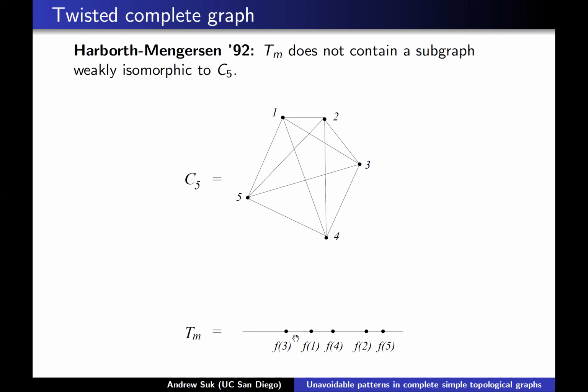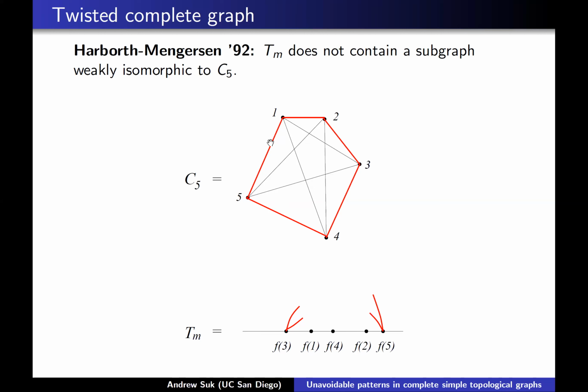For the sake of contradiction, suppose in this complete twisted graph you have 5 vertices such that the 10 edges induced by them form a drawing weakly isomorphic to the complete convex geometric graph, which has this cycle on the outside. So I guess this 5-cycle.